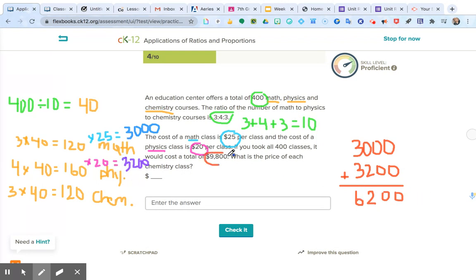They said it was 9,800 in total, so I'm going to subtract these two. So 9,800 minus 6,200.